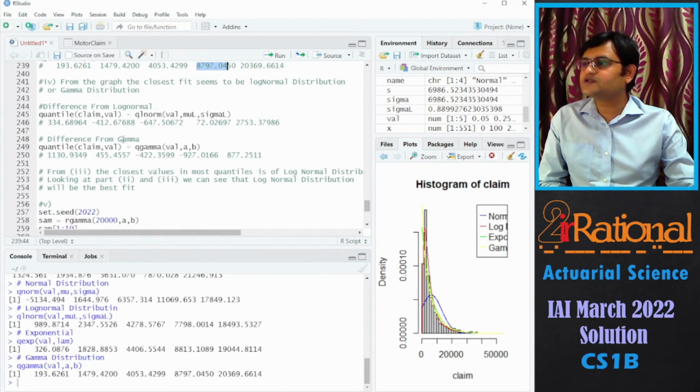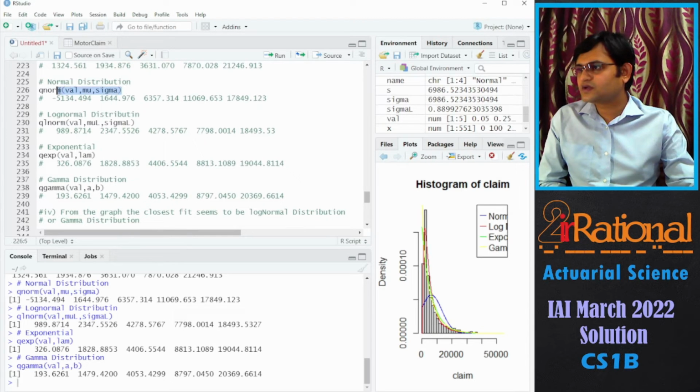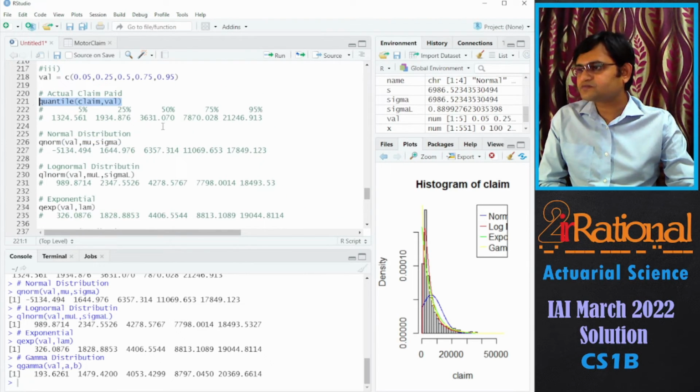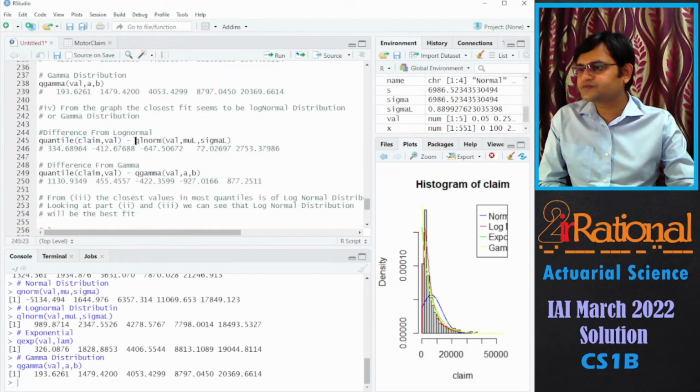So what I have done is calculated the differences. So for the quantile claim value, that is this actual paid minus the log normal value and the gamma value. These are the differences from each one of them, and now you can directly compare the differences clearly.